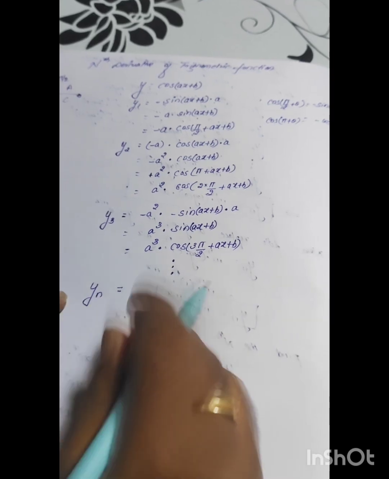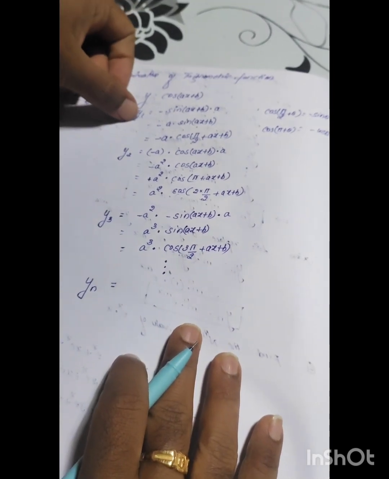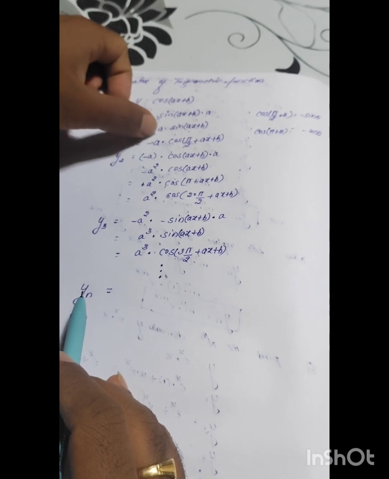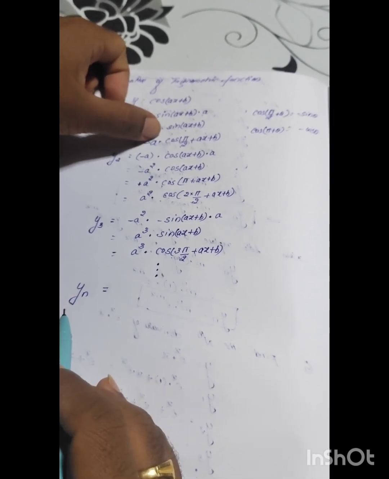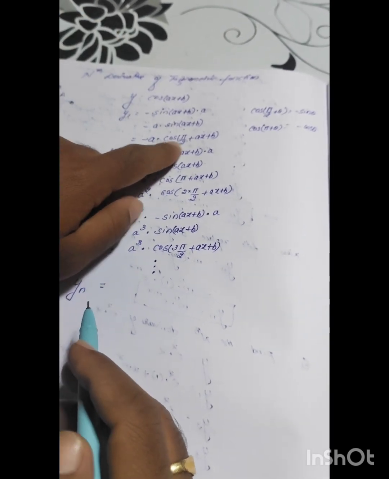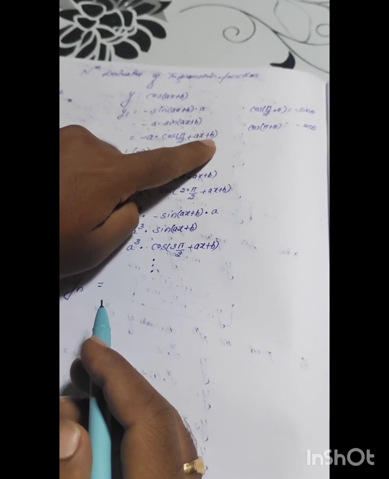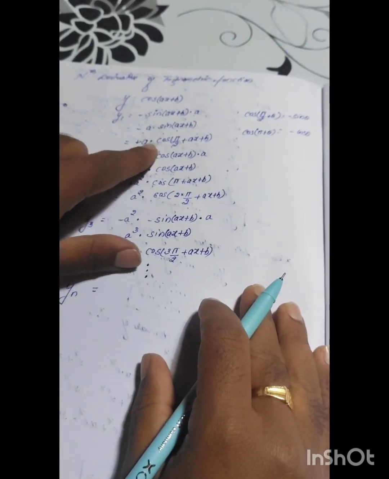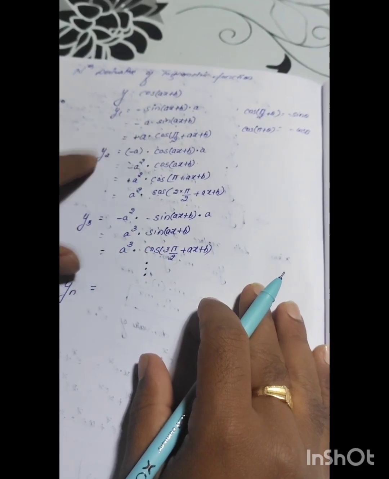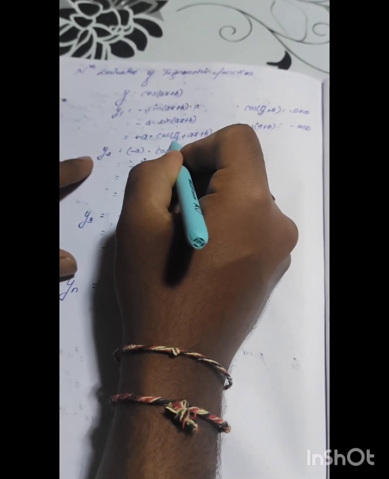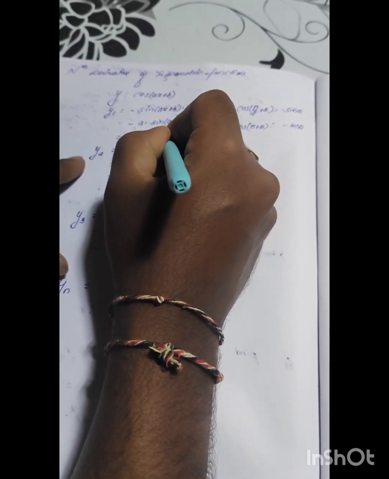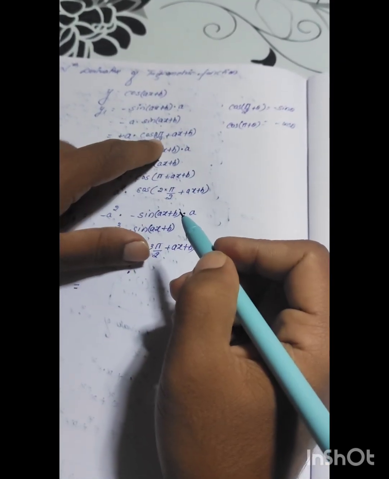yn will be equal to, so we saw here when it is y1, it is a raised to 1 into cos of pi by 2 plus ax plus b. This is positive, right? Pi by 2 is nothing but 1 pi by 2.